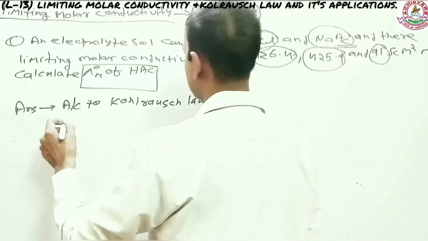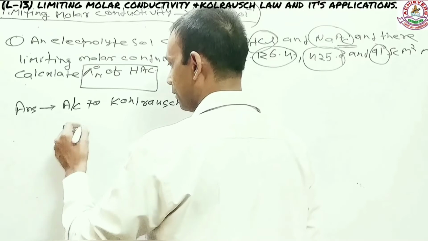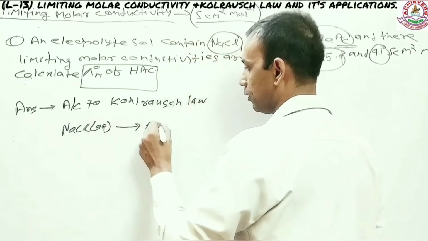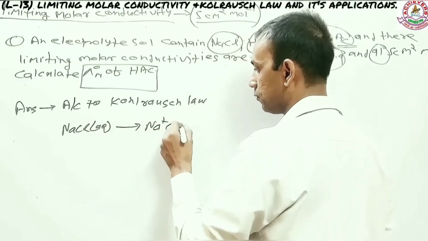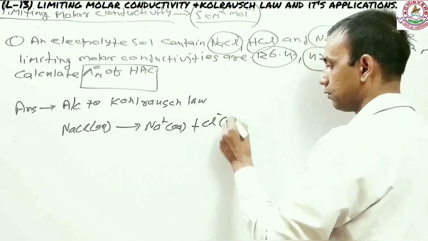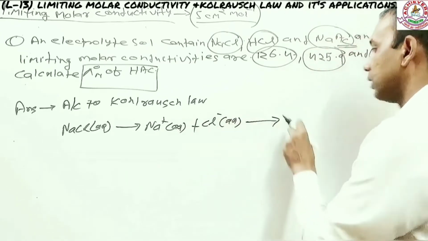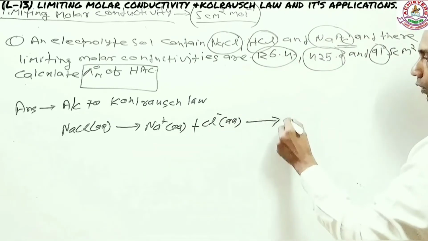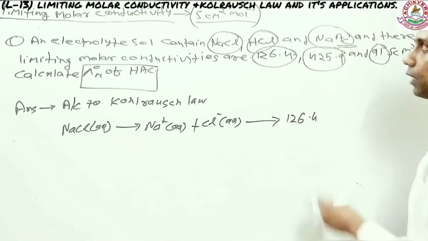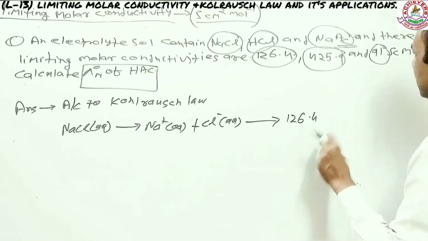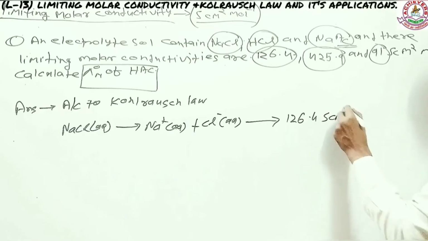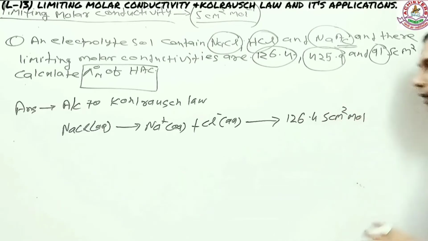How? You do know that NaCl in aqueous medium produces sodium ion and chloride ion, and its conductivity is 126.4. I hope you're understanding, I'm talking about limiting molar conductivity, not conductivity, but I'm taking a shortcut. So 126.4 Siemens centimeter square per mole.